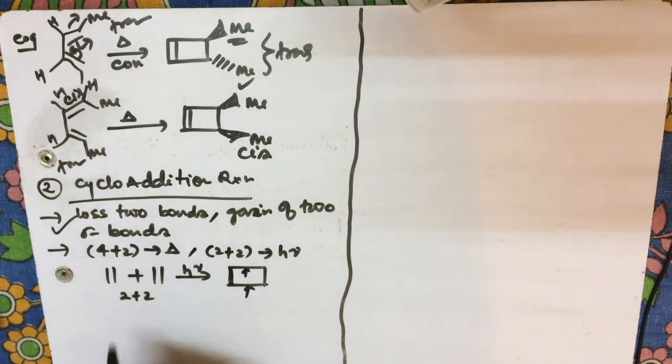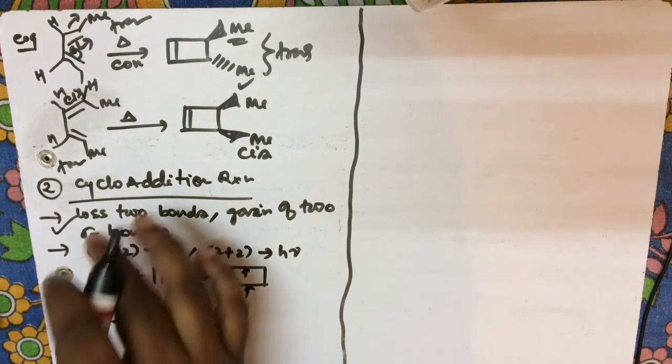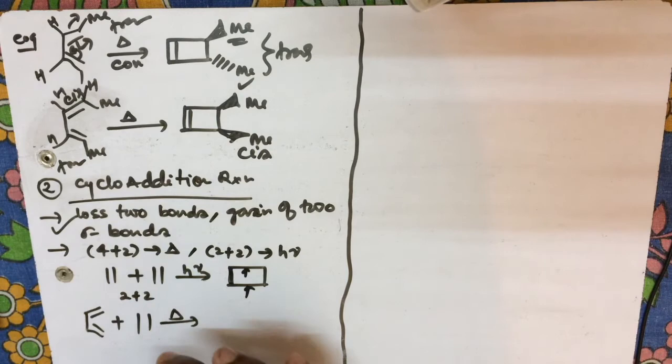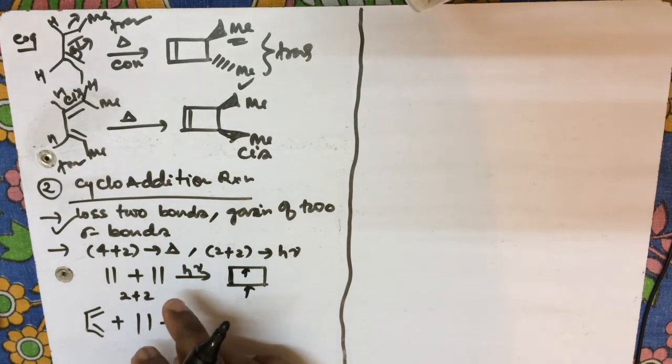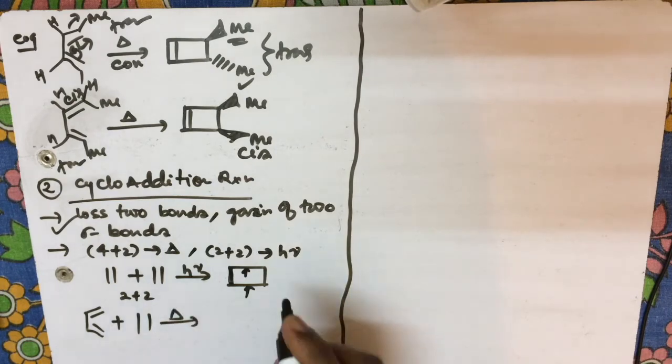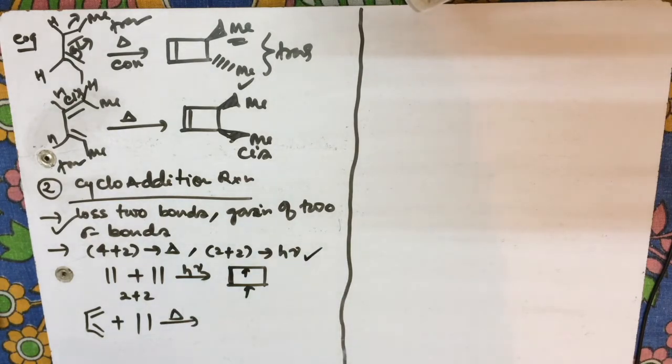So for 4 pi plus 2 systems like this, this will go under heat condition, thermal condition. So in cycloaddition, they clearly say the 4 pi plus 2 system undergoes thermal condition and the 2 plus 2 system undergoes light condition, hv condition, okay.